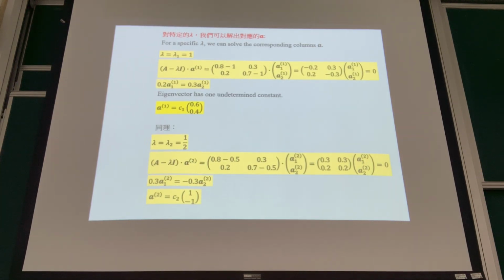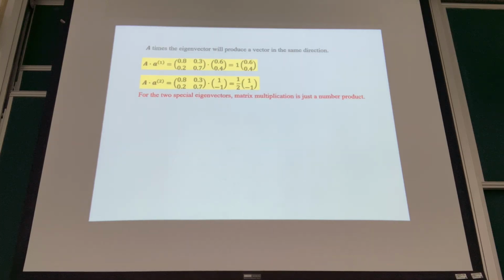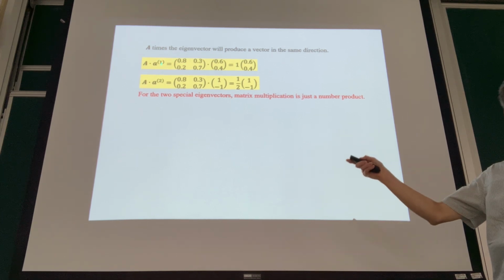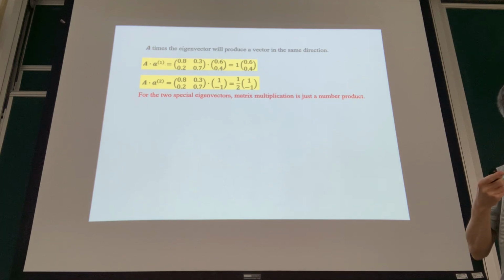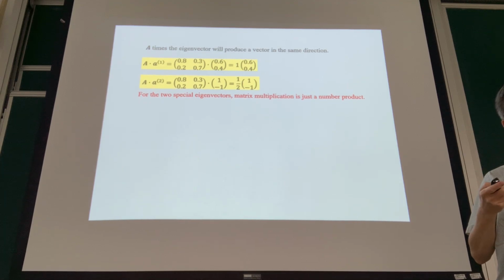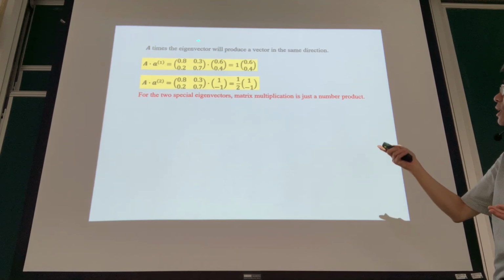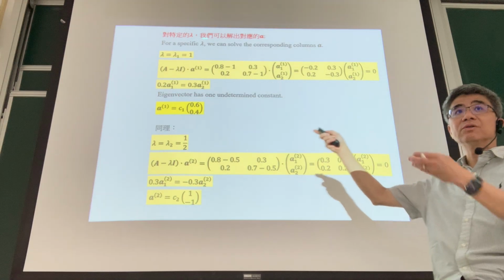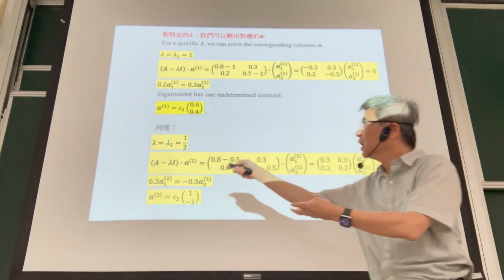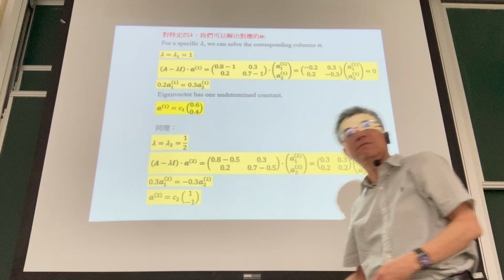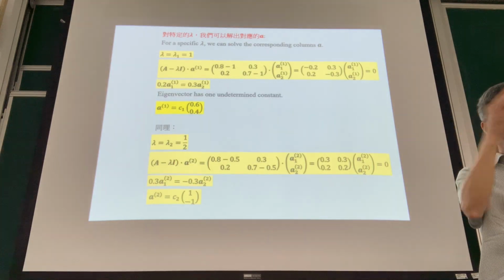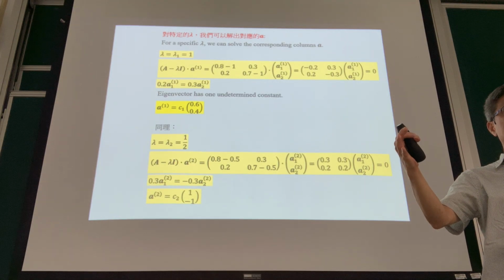Okay, so I think it's clear for everybody. So the next page is our final result. The final result is A times A1. Here I use the index to signal it's the first set of eigenvector and eigenvalue. You can see one eigenvalue produces one eigenvector, so there's a one-to-one correspondence.